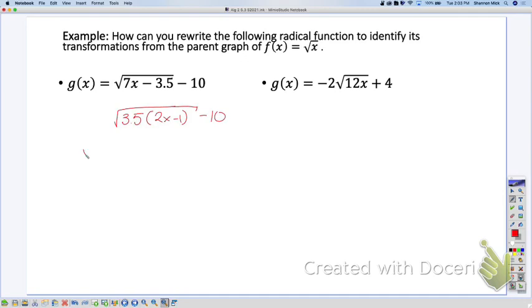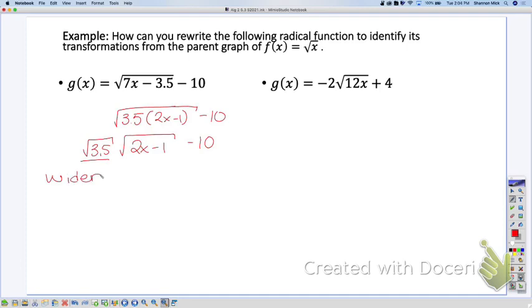And then the square root of 2x minus 1 minus 10. So this right there, that's a number, yes? We were judging the square root of 3 was like 1.6. So the square root of 3.5 is still bigger than 1, yes? So what's it going to do to the graph? Wider.